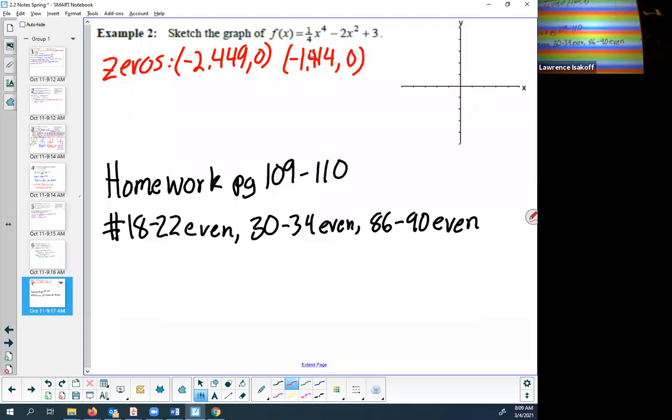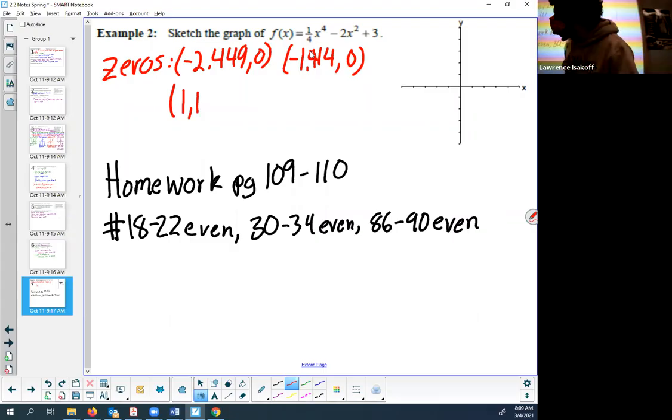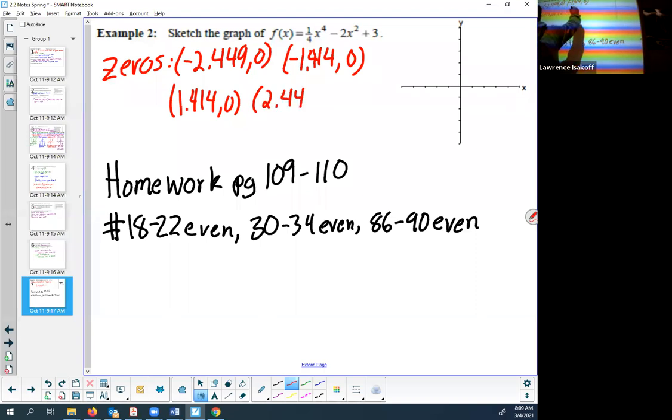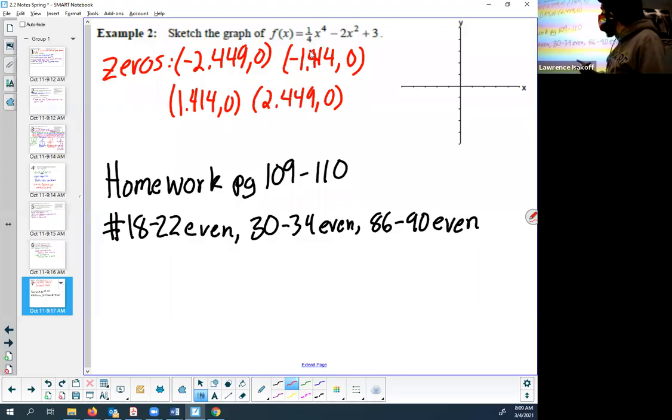Then the nice part, this was symmetric. That's how I'm remembering these so well. The next one's going to be 1.414, 0, and 2.449, 0. Now I also want my maxes and my mins.